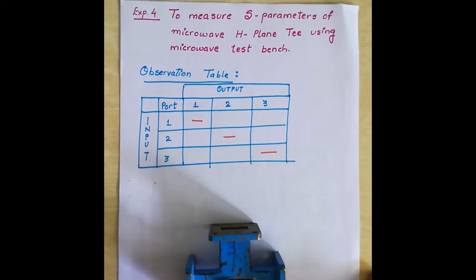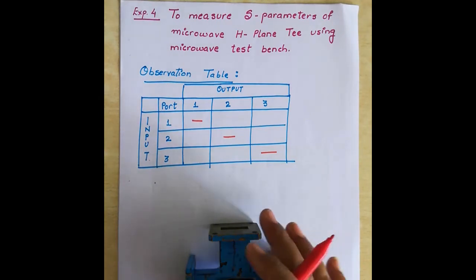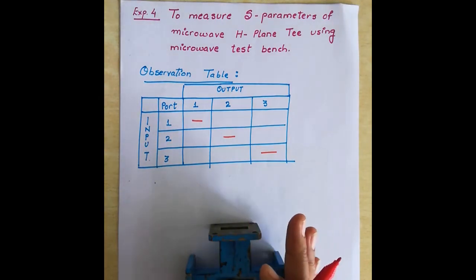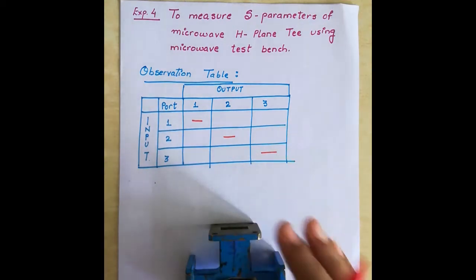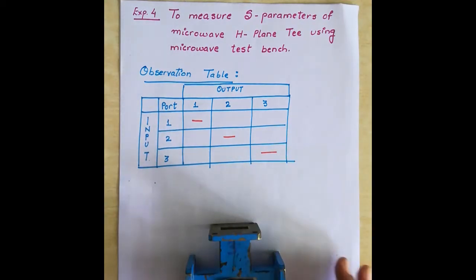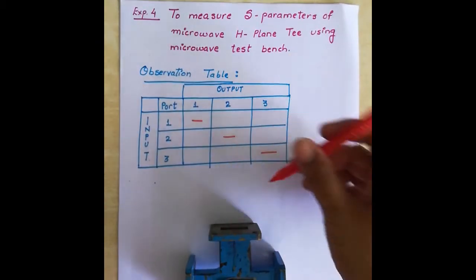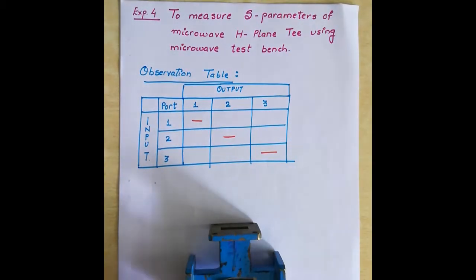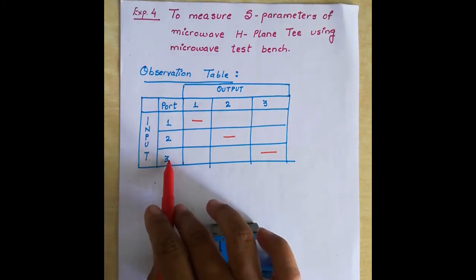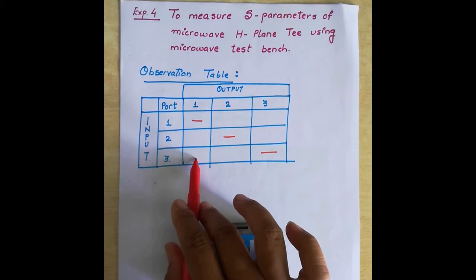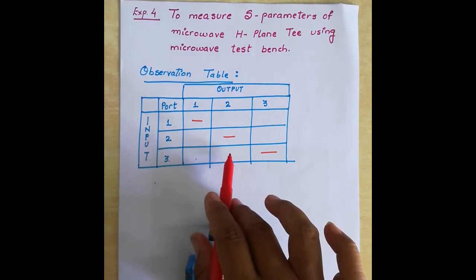Now we have to use this H-plane T in our microwave test bench. We give input from port number 3 and measure outputs from port number 1 and port number 2.